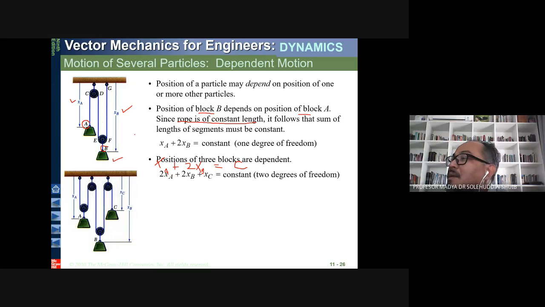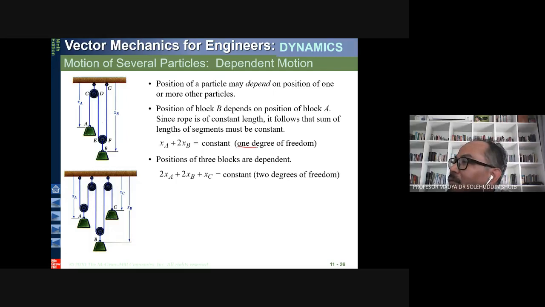For the next one, we have 3 blocks. Just now we have 2 blocks, with 1 degree of freedom. This time we have 3 blocks, which is the case for 2 degrees of freedom.